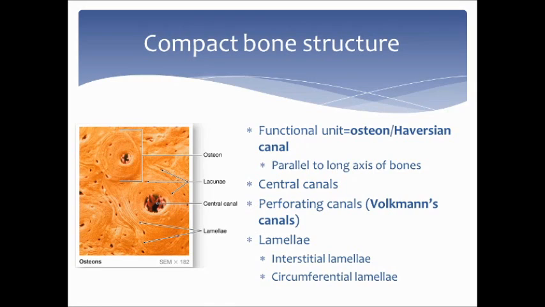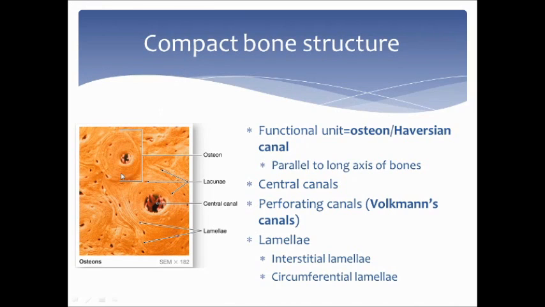Some bones can withstand 10 to 15 times their body weight in pressure along the long axis of bones. If they underwent a transverse force perpendicular to the axis of the bone, they could easily break. So that's why it's important that these osteons run parallel.